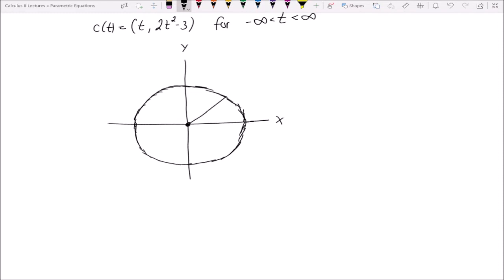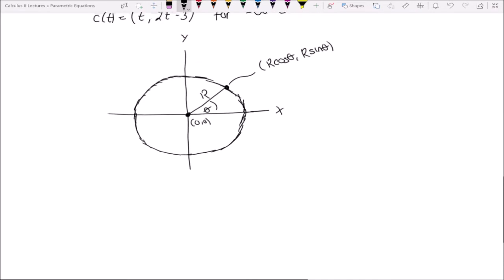And let's say the circle has radius big R, and it's centered at the origin. Well, recall that at any point, the x-coordinate would be given by the radius times cosine of the angle that the radius makes. And the y-coordinate is the radius times sine of theta.